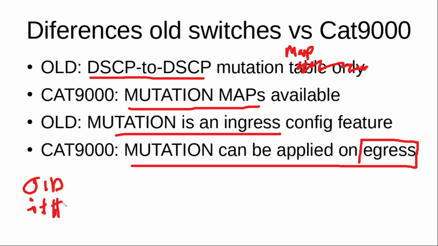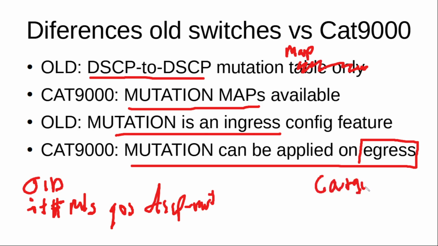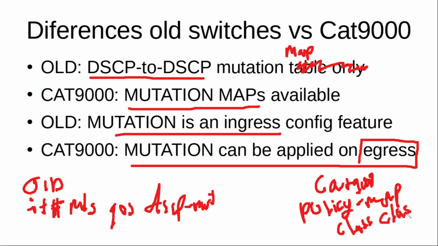So I could go and directly apply mutation with mls qos dscp-mutation, and with the Catalyst 9000 I should use a policy map, and then I should go to the class default and then use the command set. Okay, that's it.